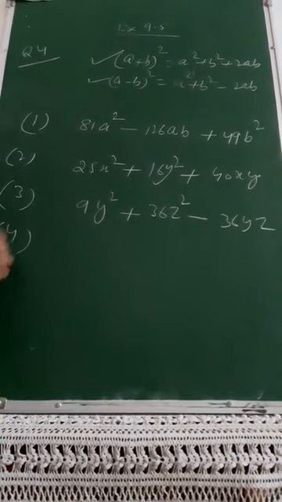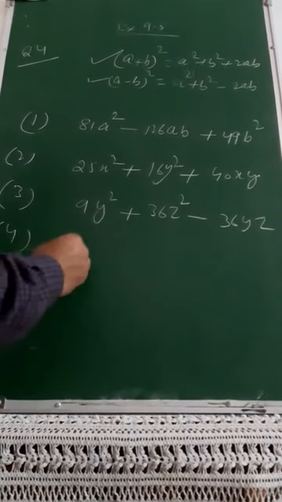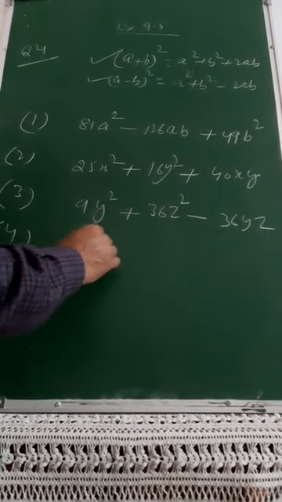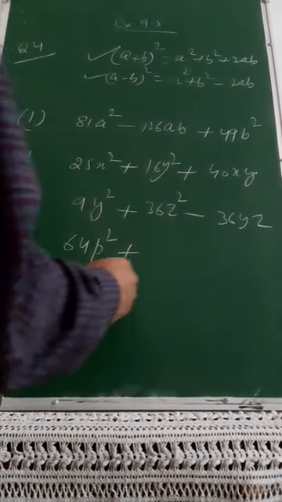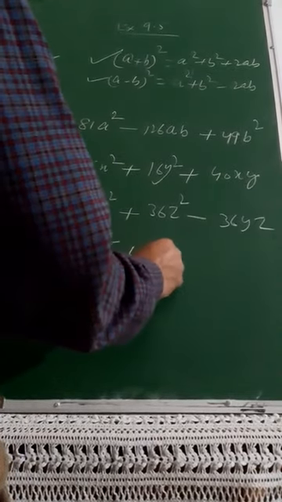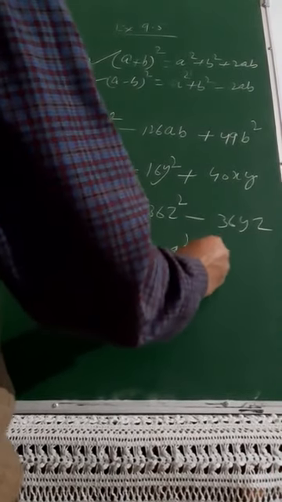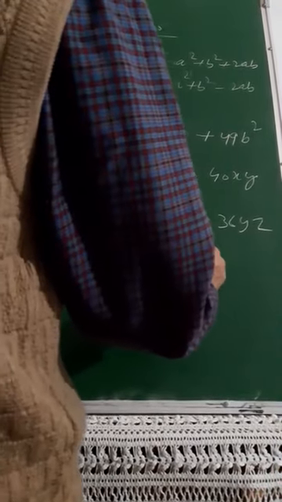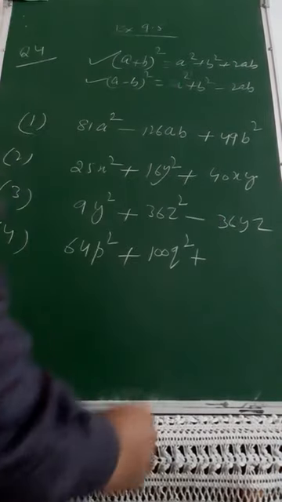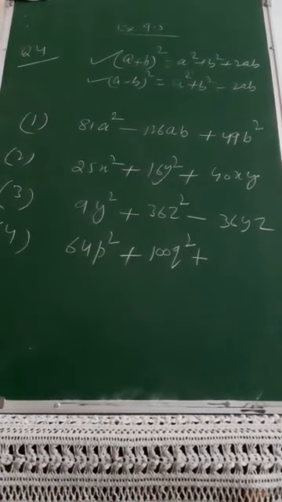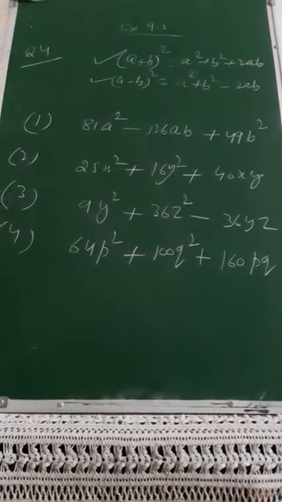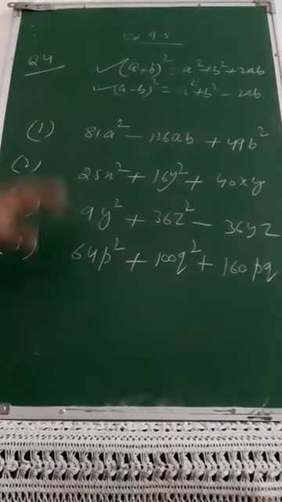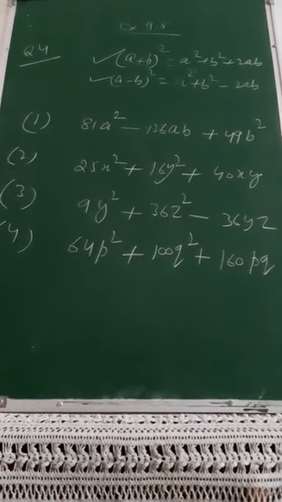And one more you can do is 64p square plus 100q square plus 160pq. So these four you can try, two of them are based upon (a plus b) whole square and two upon (a minus b) whole square.